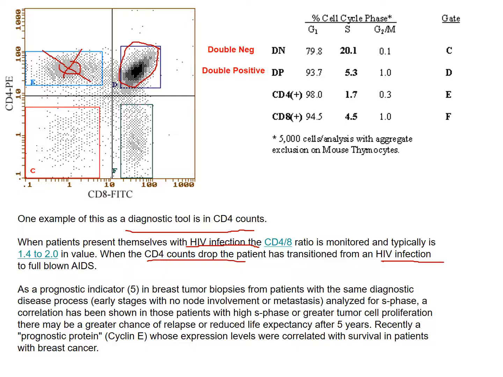There are other techniques as well, but that just shows you an example. This shows another method where we can look at cells under different growth conditions, G1, S, G2, mitosis, and you can see what cells are doing what at what time. And there's a correlation here, the double negatives.